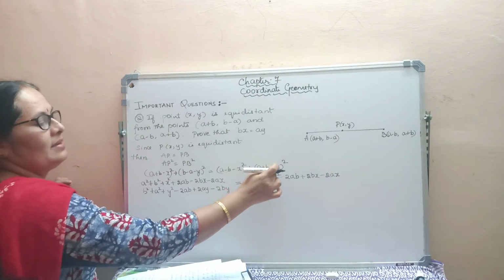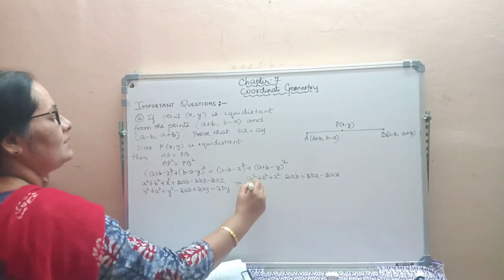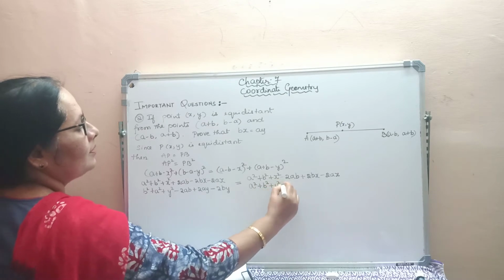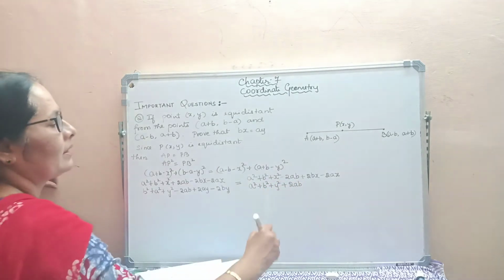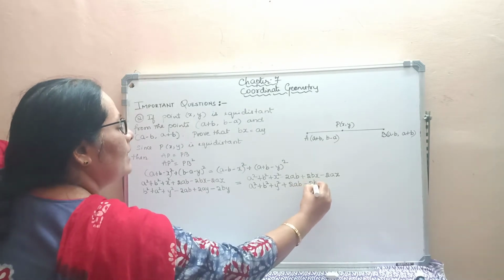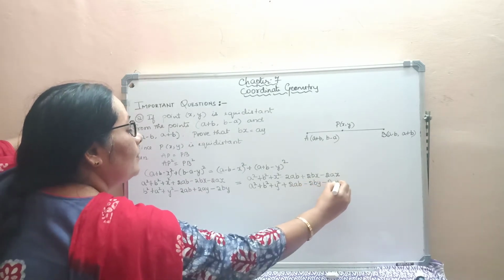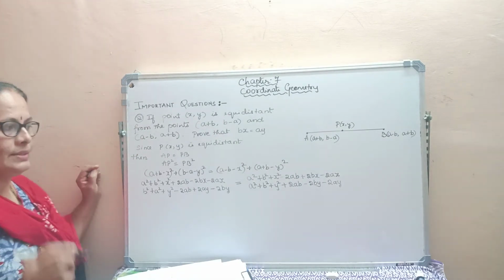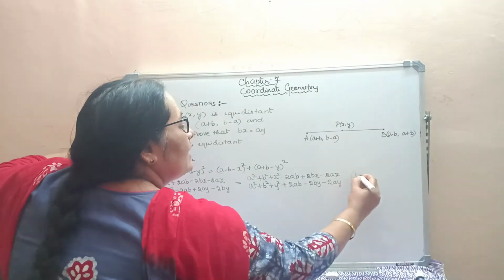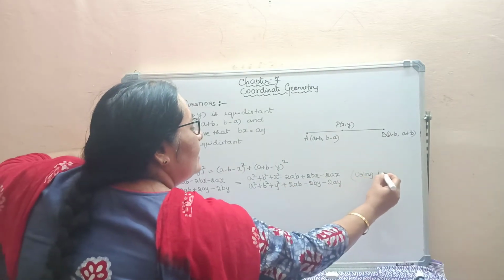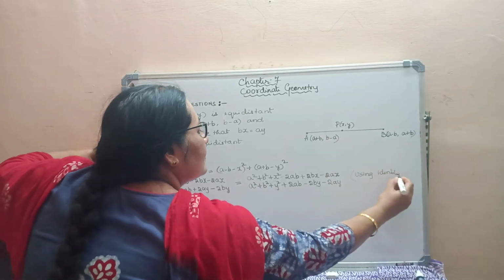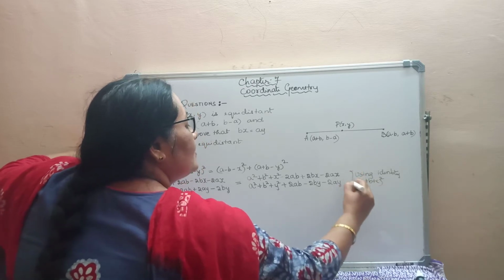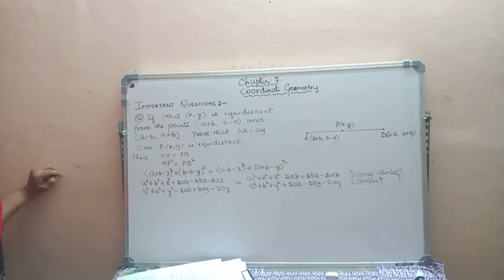Similarly, a plus b minus y whole square, which is a square plus b square plus c square plus 2ab, then minus 2by minus 2ay. Here which identity did we use? a plus b plus c whole square.